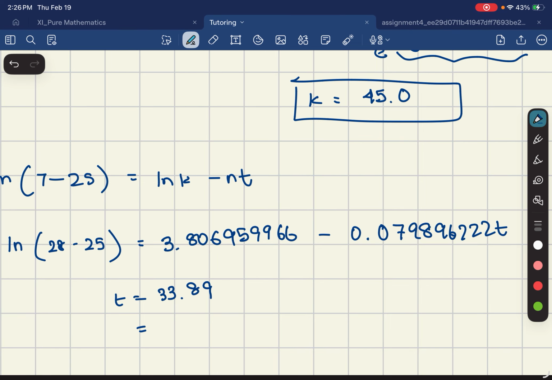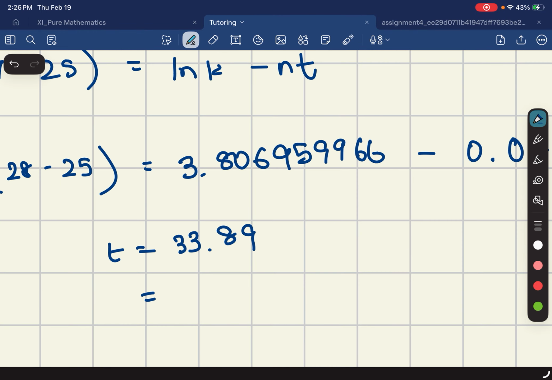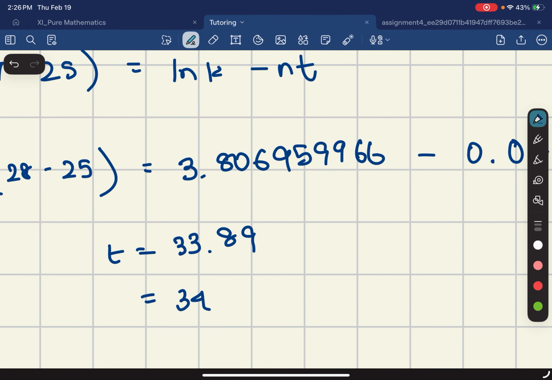So I'll round it to 2 significant figures, that is 34 minutes.